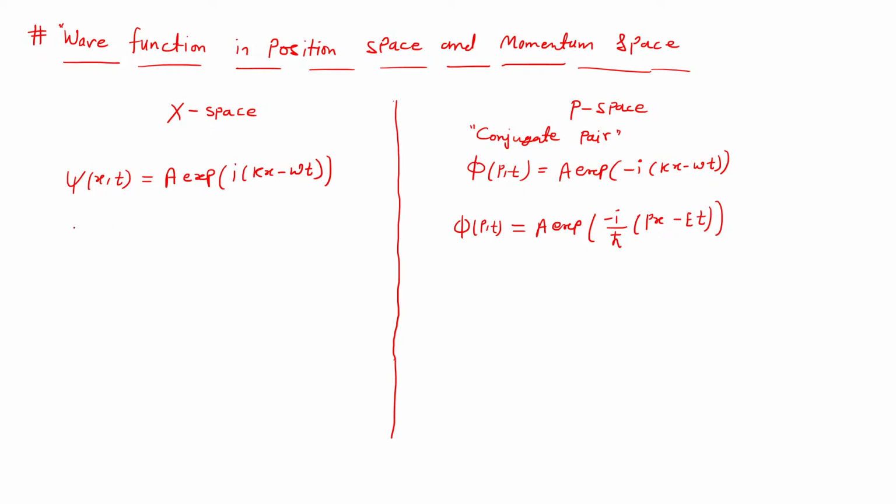So now you know very well that p is equal to h cut k and energy is h cut omega. Simple relation. Now we see a very interesting thing, which is the operator form of momentum, energy and position, in x space and in p space.